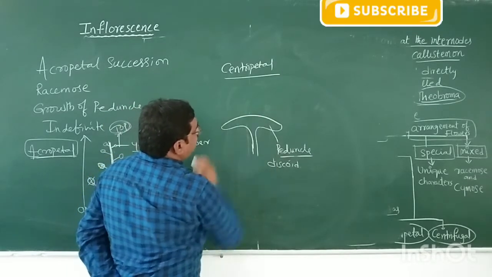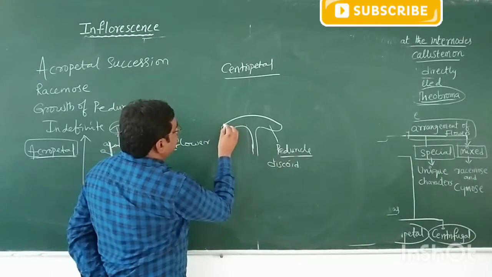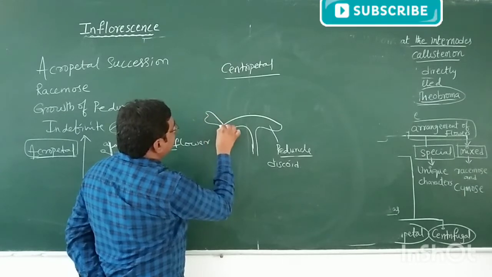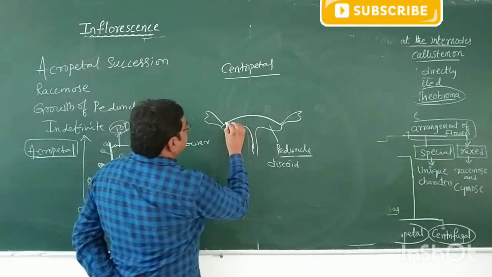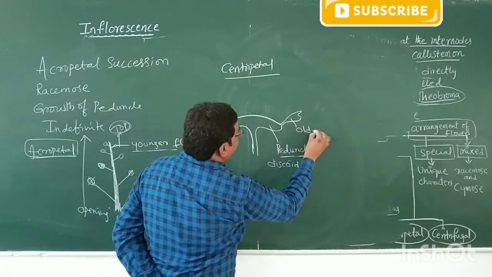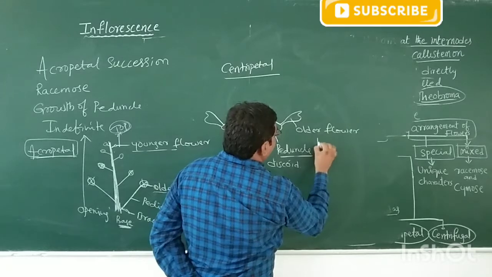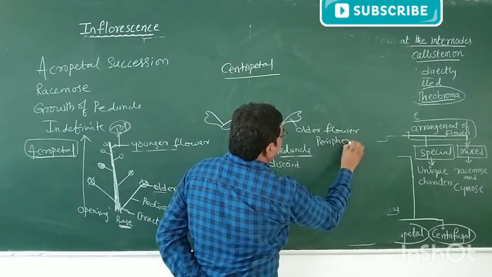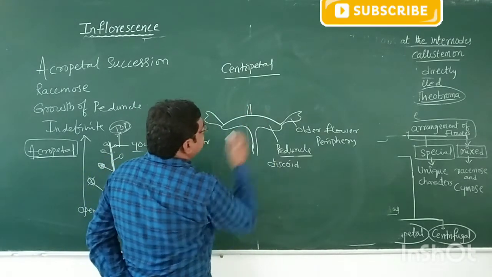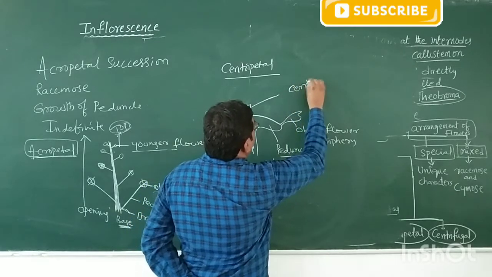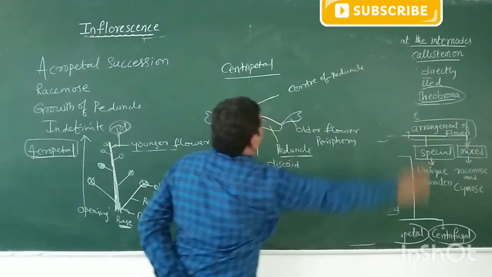So on the peduncle, the arrangement and opening of the flowers: the older flowers are arranged at the periphery of the peduncle, and the younger flowers are present at the center of the peduncle.